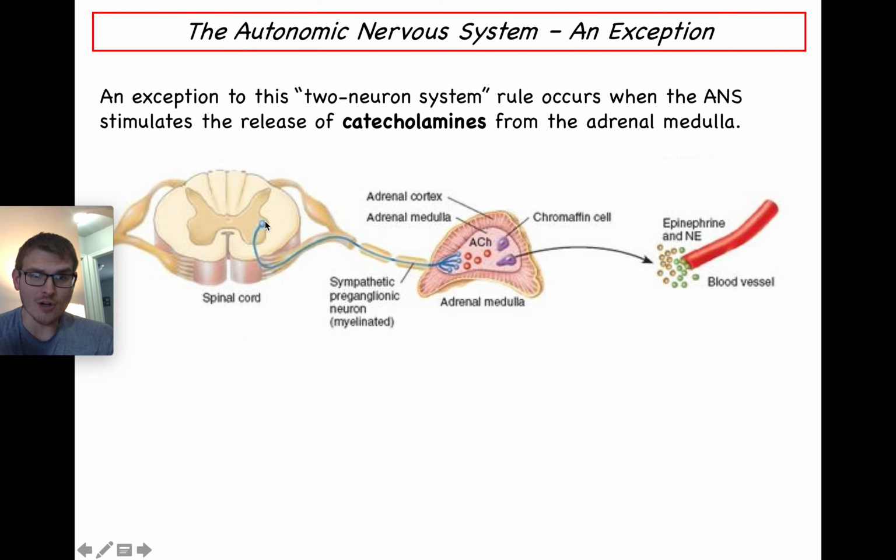The motor neuron here that extends its axon out and into the adrenal medulla, that is a preganglionic neuron. That is a sympathetic preganglionic neuron. So basically what's happening here is that we do not have a postganglionic neuron. Instead, what takes the place of the autonomic ganglion here is the adrenal medulla itself. It acts as the postganglionic neuron here.